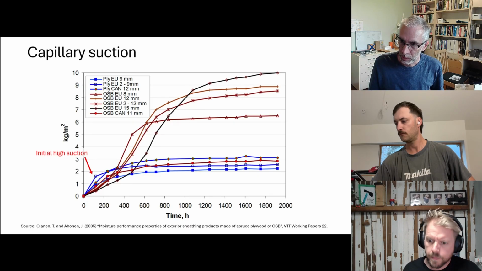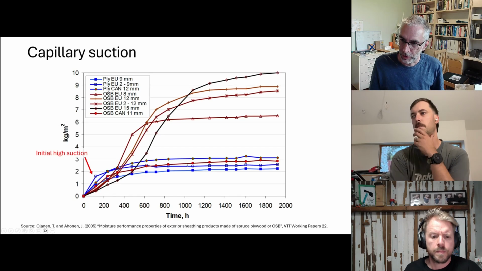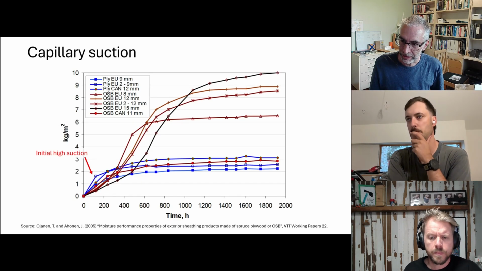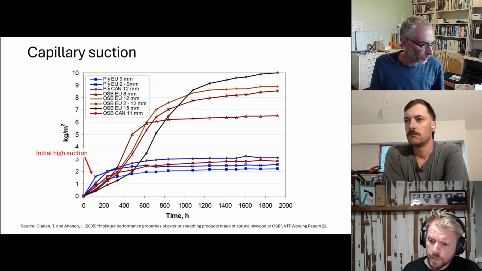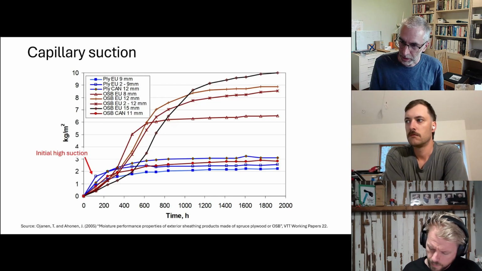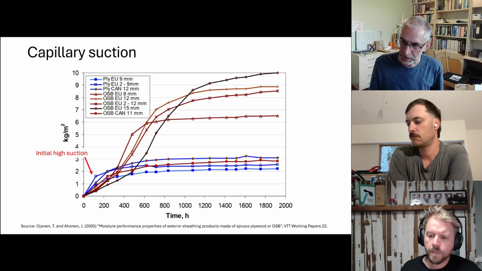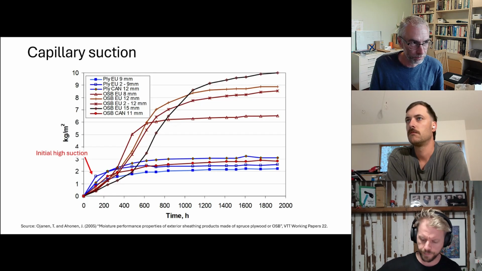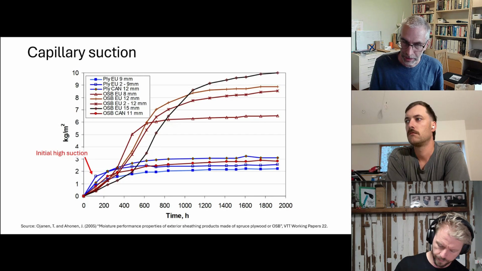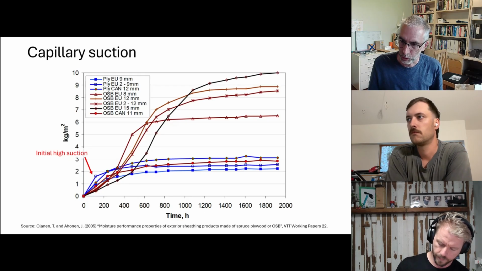And so ultimately, after many weeks of exposure to that liquid water, you're getting about 3 to 4 times the water content within the OSB, with the exception of this one sample of OSB, which happened to be Canadian. So all the others were European, and then we had this outlier that behaved much more like ply. So why was that? Well, the researchers hypothesized that the reason was the resin within that Canadian OSB, which was a phenol formaldehyde, rather than an MDI or one of the other resin chemistries that were more commonly used in Europe at that time.